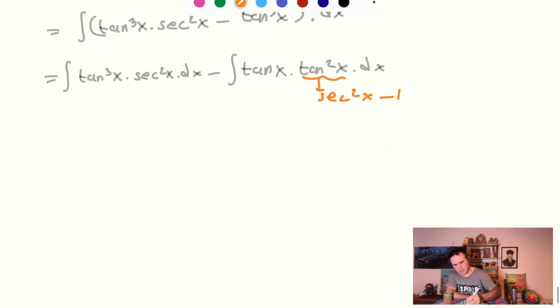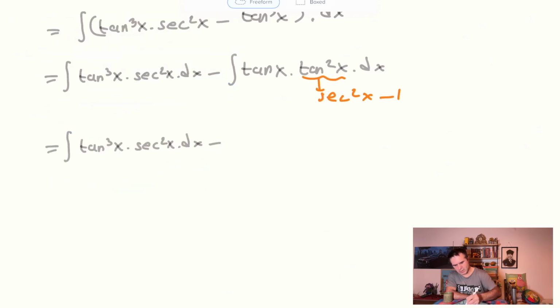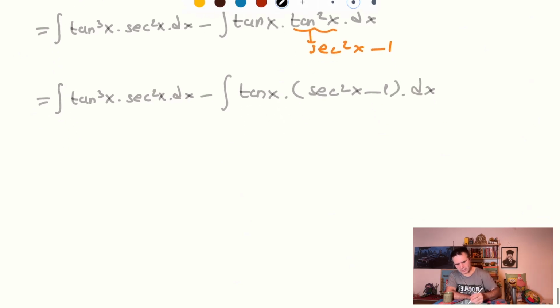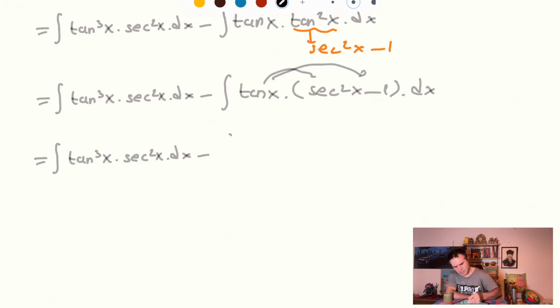Then the integral becomes, let's write it down, minus the integral of tangent x times secant square of x minus 1 dx. Okay, let's multiply this out. Then the integral is the integral of tangent x times secant square of x minus tangent x dx.